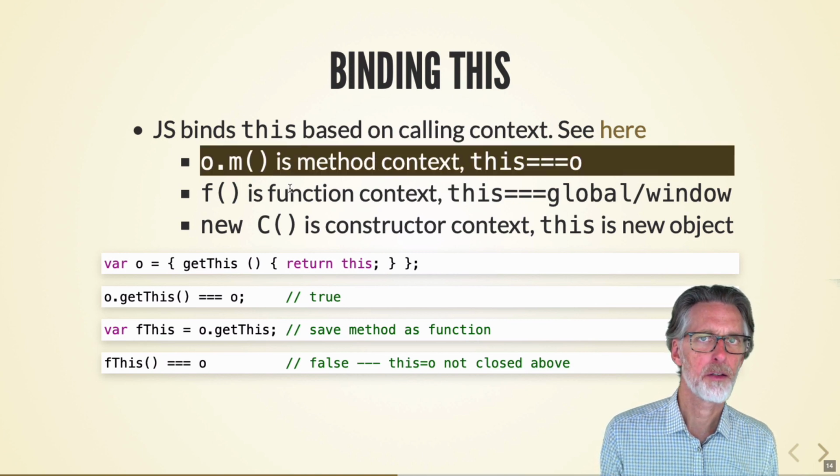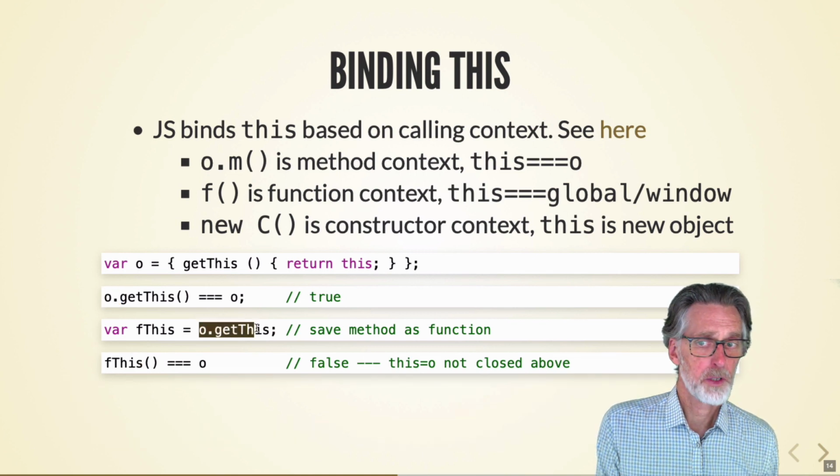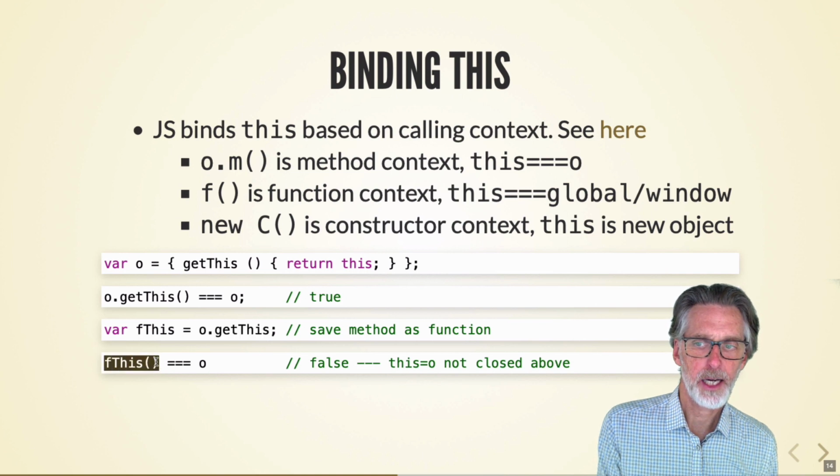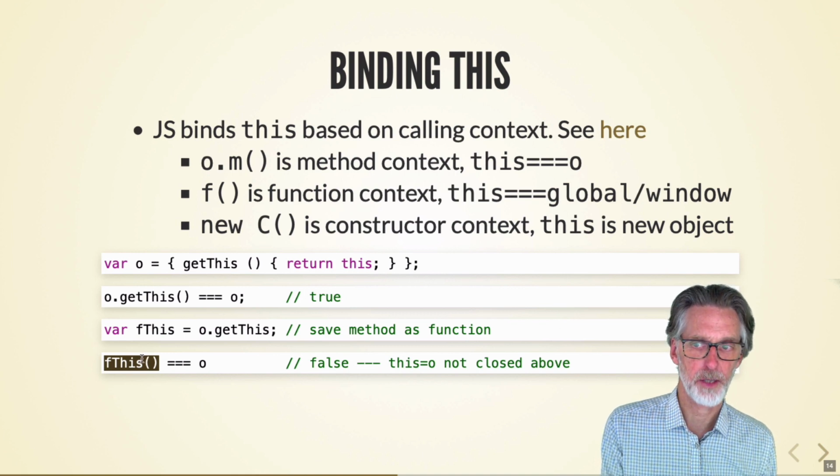And therefore, this isn't bound to the object or the target of the method call because there is no target here. The target was defined when I accessed the property, but it's lost at the point that I actually do the call. And it's the calling context that binds this in JavaScript.